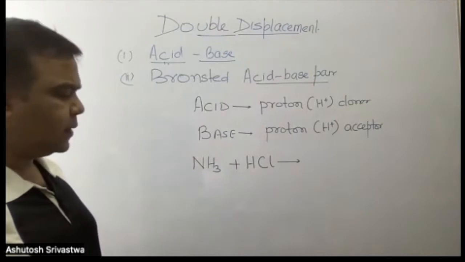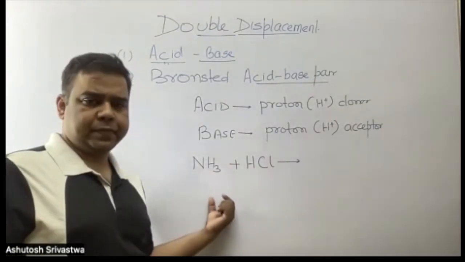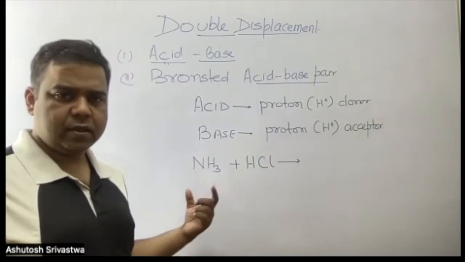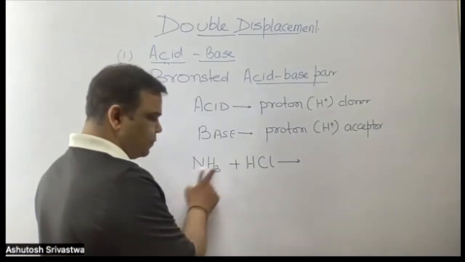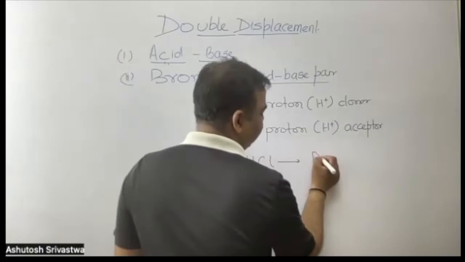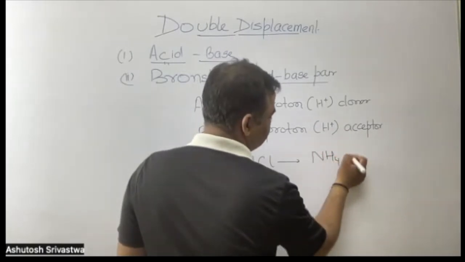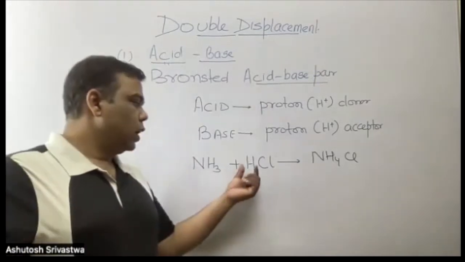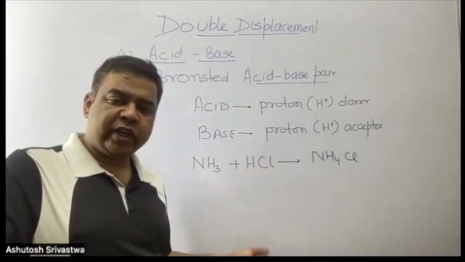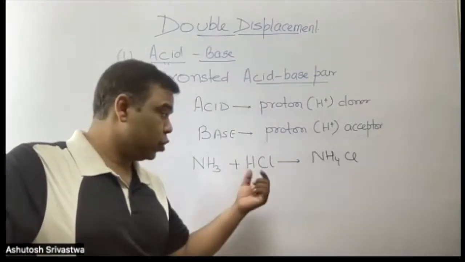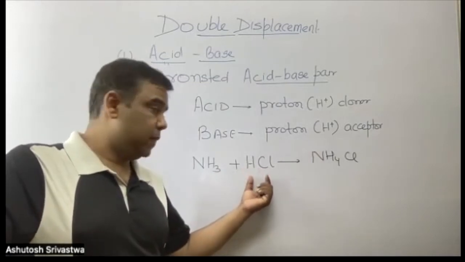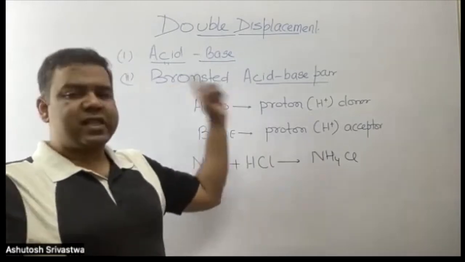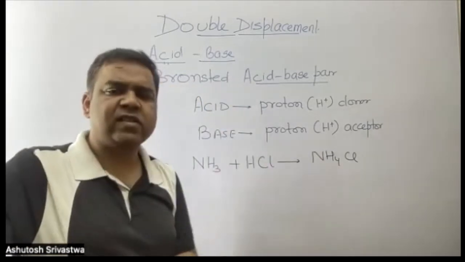What actually happens is there is no OH present here, so it cannot be Arrhenius base, but it accepts H to form NH4 plus Cl minus. So HCl has donated its proton, that is H plus. So it is an acid, Bronsted acid, as well as Arrhenius acid, we can say.